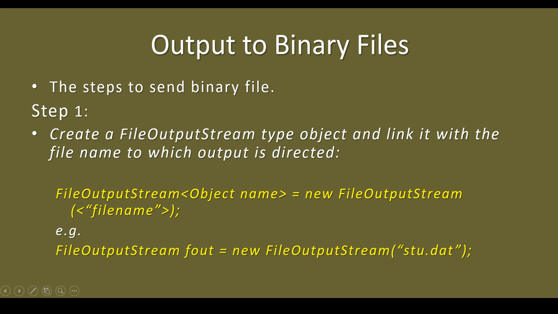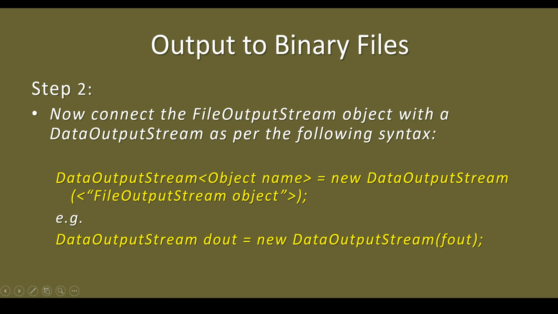Since it is a binary file, you cannot use txt as the extension. It is not a text file, it is a binary file. So you have to use something other than txt, that is dat, the data file. You are going to create a data file with the name stu, so stu.dat is the file name.